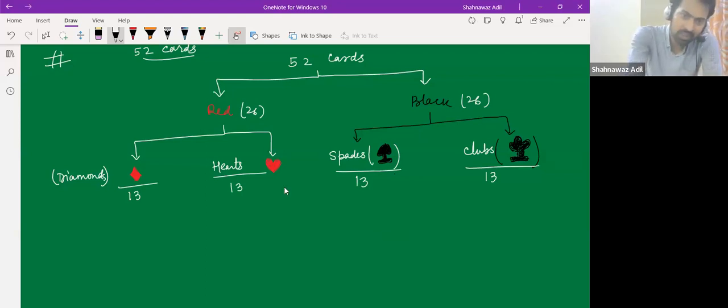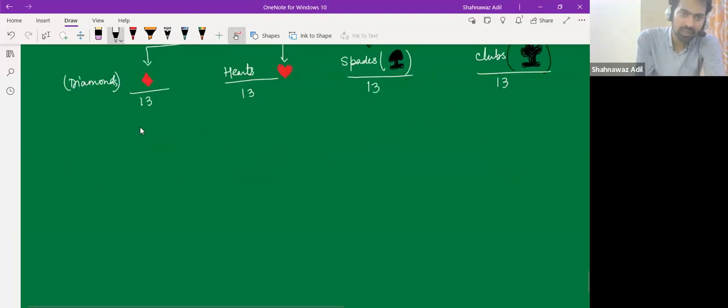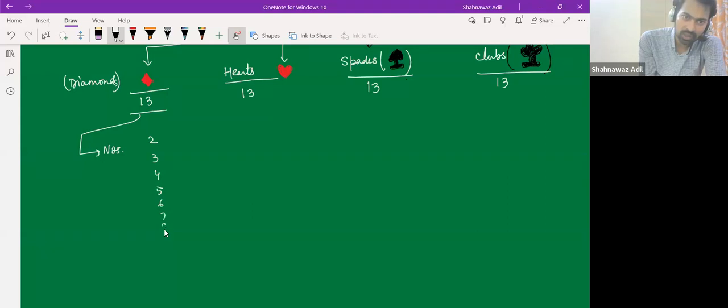Now each set of 13 cards is again divided. In each set of 13 cards, we have numbers. Okay, the numbers go from 2, 3, 4, 5, 6, 7, 8, 9, 10. So from 2 to 10, that is 9 cards, right?